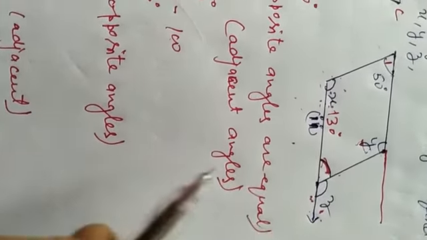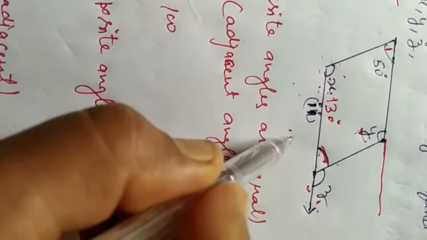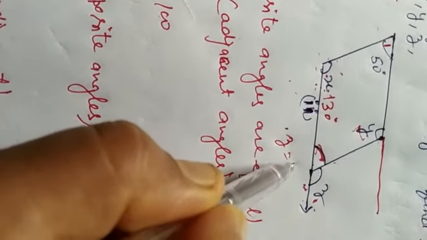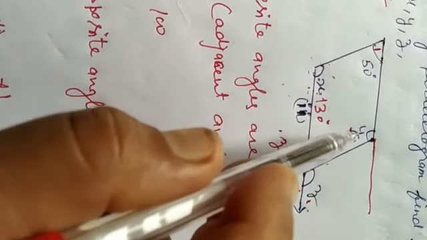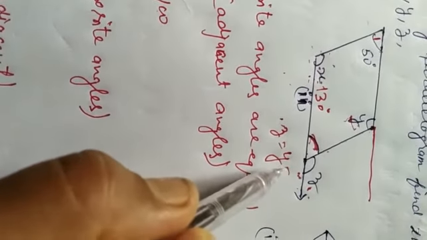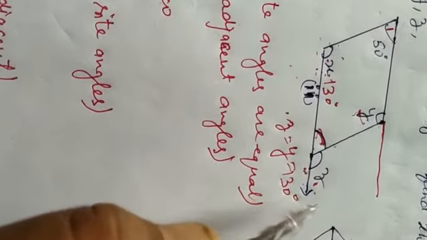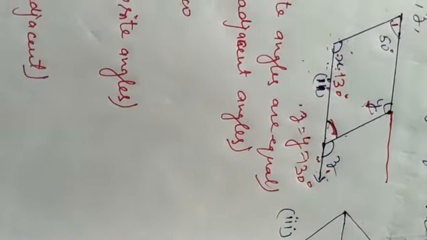So the value of this z will become equal to angle y. So what we got for angle y? That is 130. Angle y and z both will be 130.